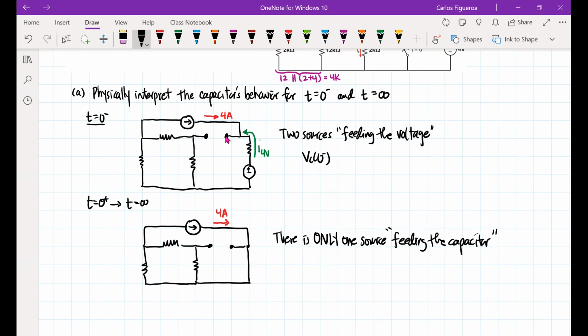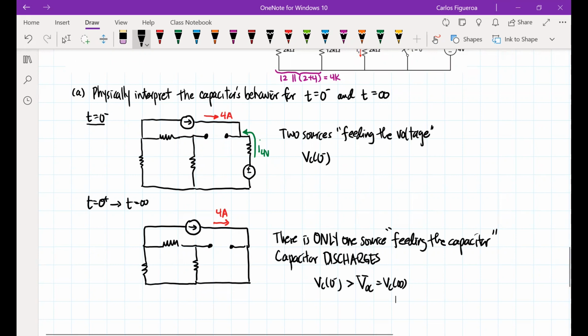When it reaches steady state, that's got to be VOC. So we expect here that the capacitor discharges. If it discharges, that means that VC of 0 minus has to be greater than VOC, which is the same as VC at infinity. So mathematically, that better be the case.